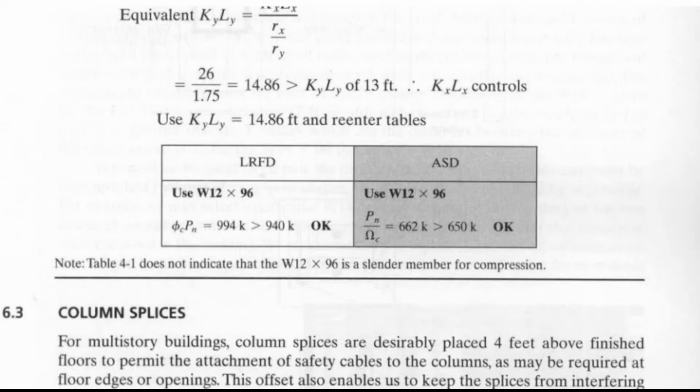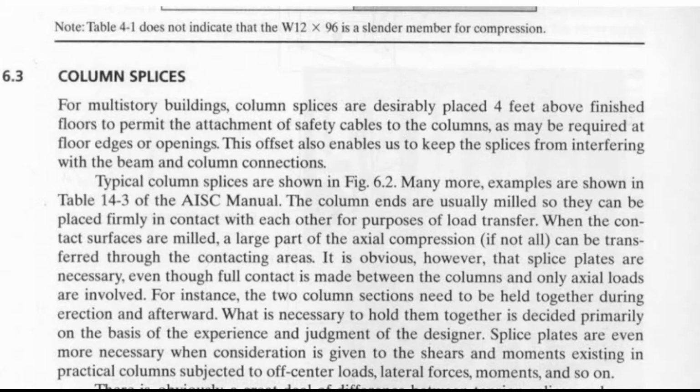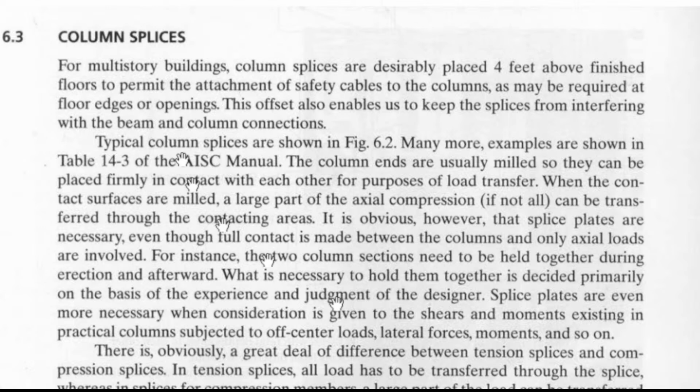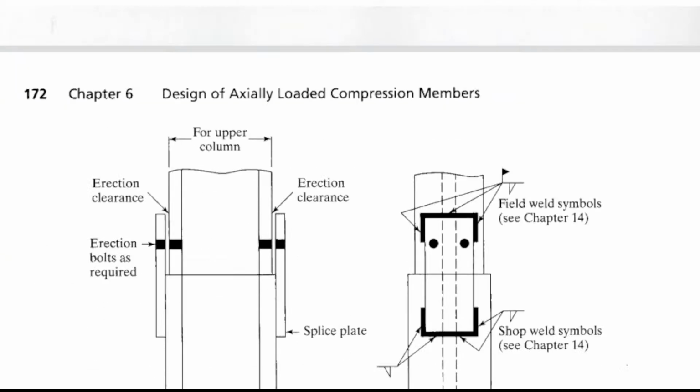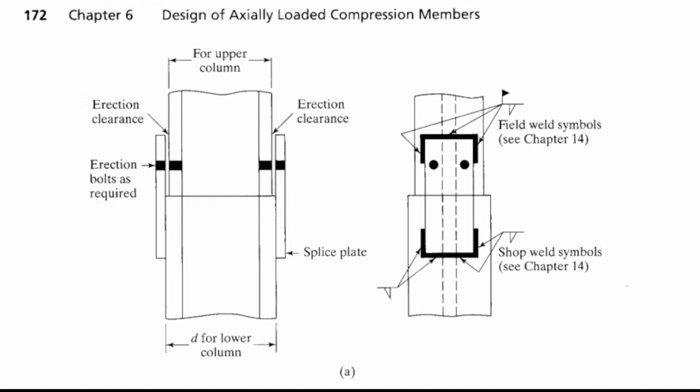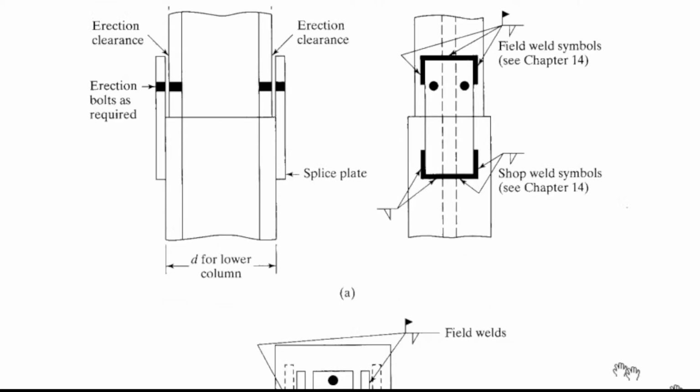This may be a different discussion, because we are dealing with splicing of columns. Usually this is not done, but for very long columns, this is the splicing method. Just using a plate and weld; these are the symbols for welding.